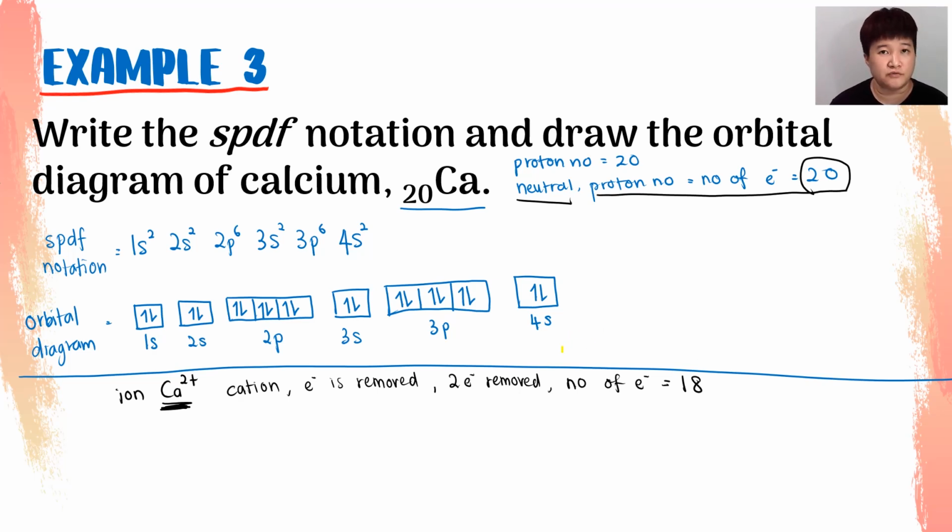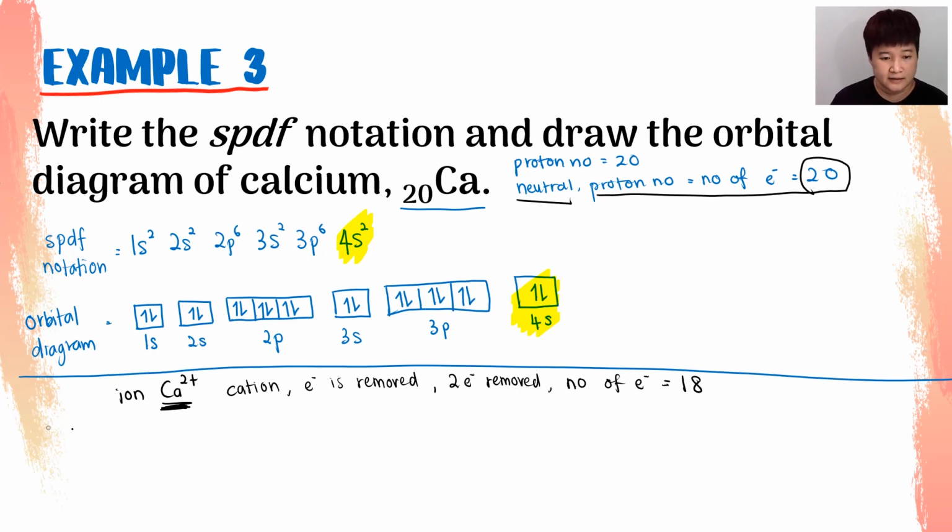Which 2 electrons do we need to remove? The electron that you remove is always the outermost electron. And the outermost electron now is in the 4s, because n equals 4 over there is the outermost energy level. Whenever you want to remove an electron, the electron must be removed from the outermost shell, which is the furthest away from the nucleus.